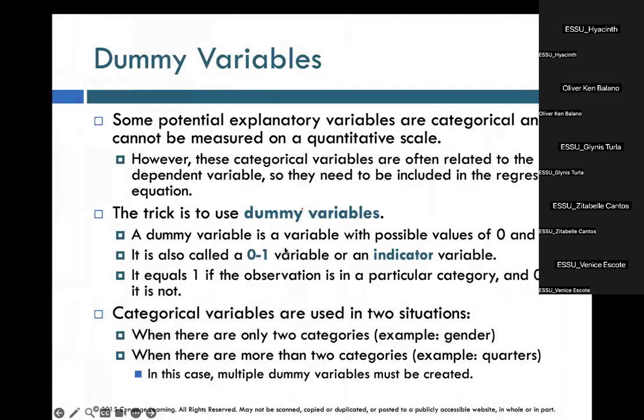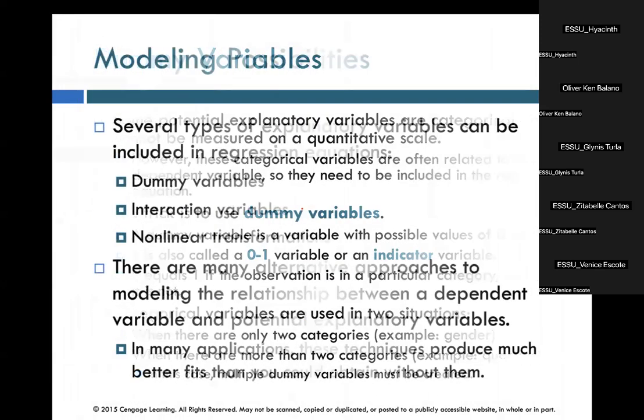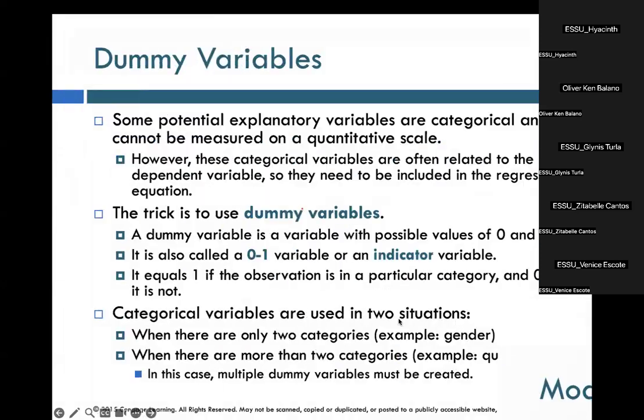The other one is dummy variables. Okay, let's continue with dummy variables. Dummy variables means you only have indicators between 1 and 0.